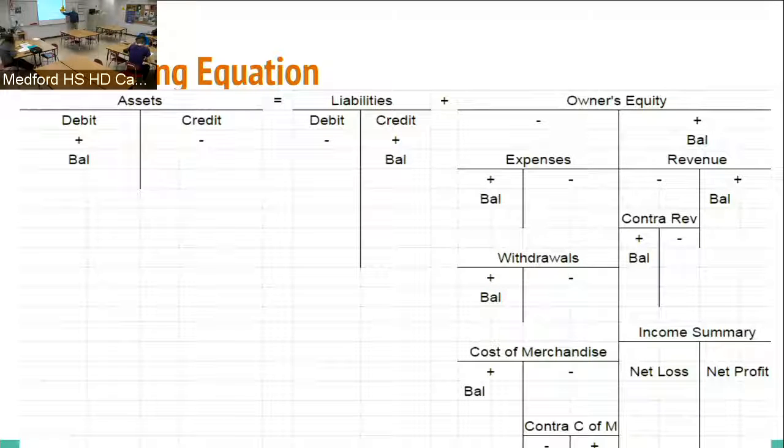It's been a long time since I've had chemistry, but if you're working on chemistry, having a periodic table by you or access to it is pretty valuable. So this is kind of the periodic table of accounting. So let's get into a couple of examples. And I think today, let's just start with these examples.